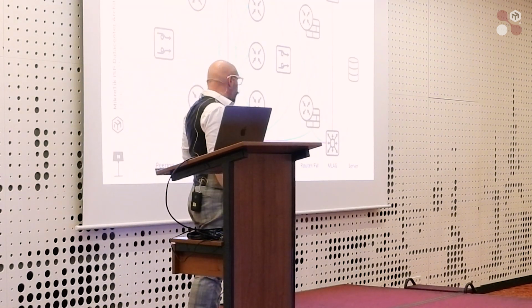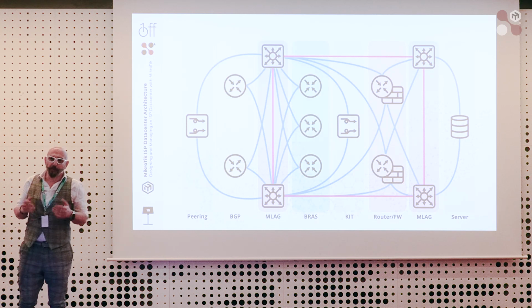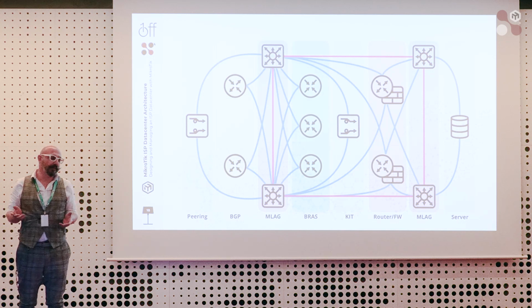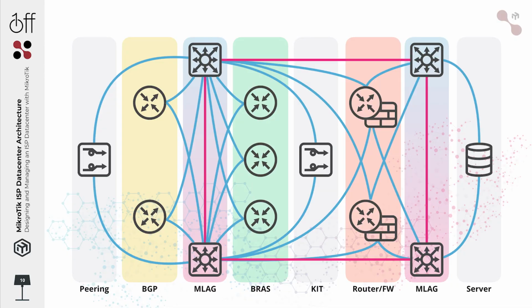This diagram summarizes all the components of a data center. Starting from the left, we have the peering, so the upstream providers, the BGP routers, and the MLAG solution, which I think is the core of the data center.